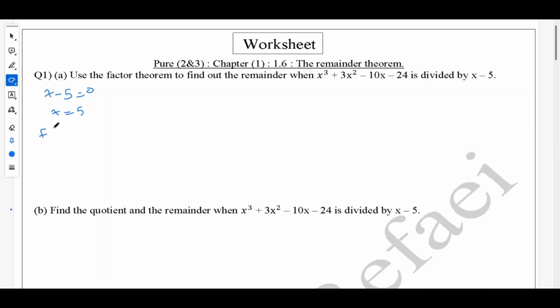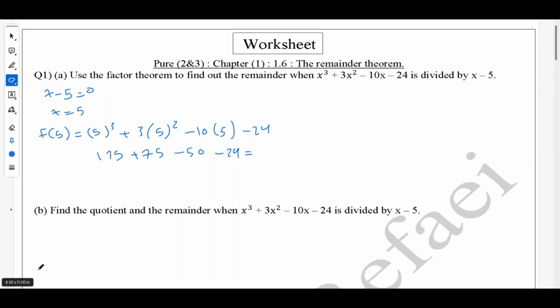I'm going to substitute 5 in the function: 5 cubed plus 3 by 5 squared minus 10 by 5 minus 24. 125 plus 75 minus 50 minus 24. The answer will be not 0.